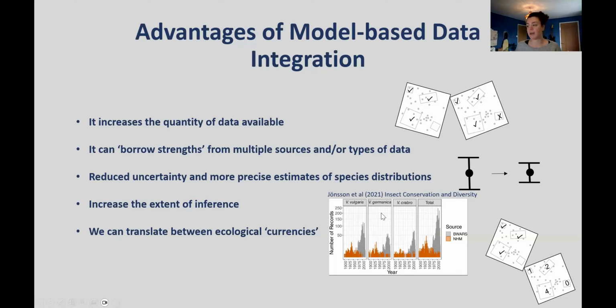For example, we can include citizen science records with historic museum records, as was done by my colleague in this paper. So we can extend time series in the past. And we can also translate between different ecological currencies because we can model together presence-only data with count data, which is something that we couldn't do in any other framework.